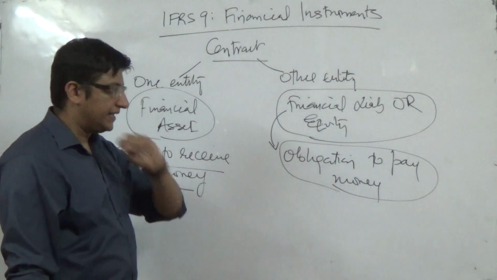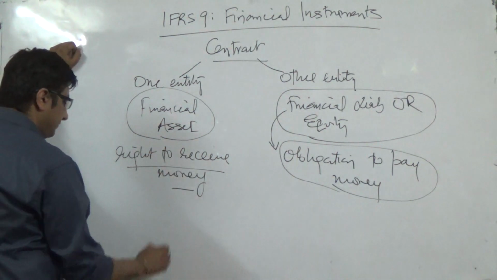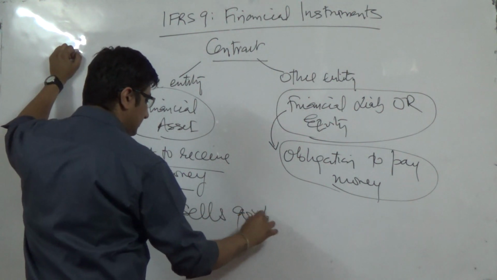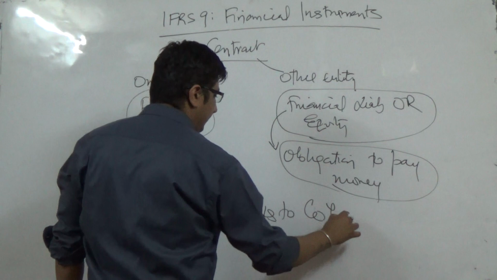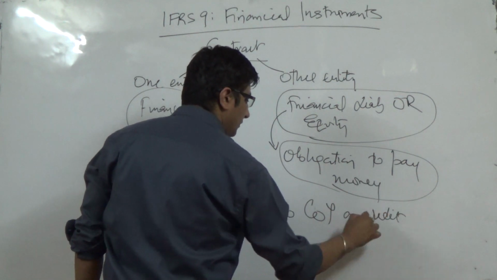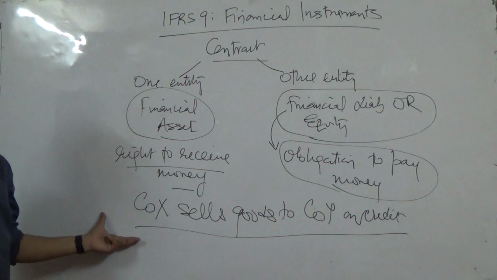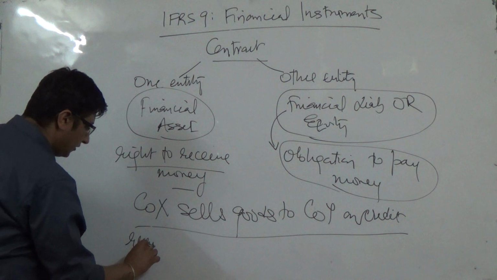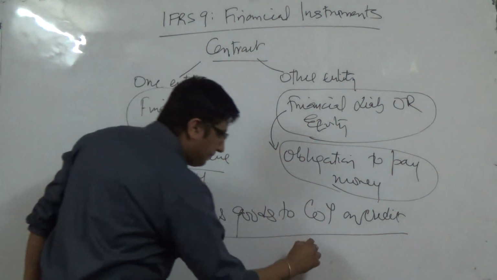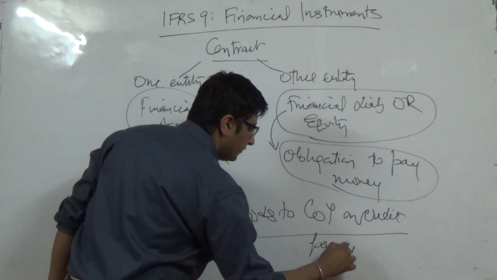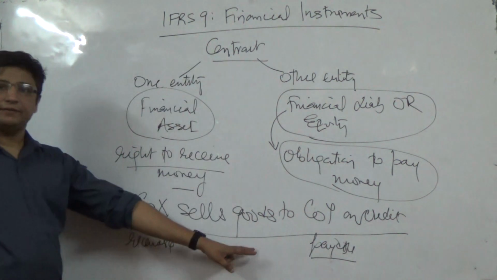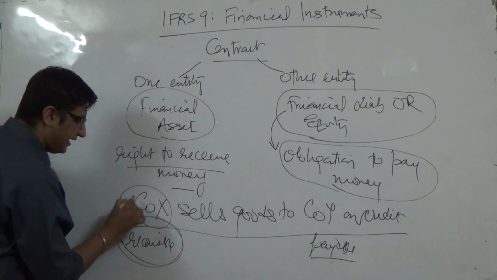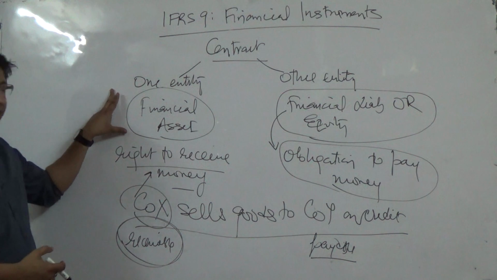For example, if I say that company X sells goods to company Y on credit. Now, I would say there is a receivable in the books of company X and a payable in the books of company Y. Company X has a right to receive money, so a receivable becomes a financial asset.